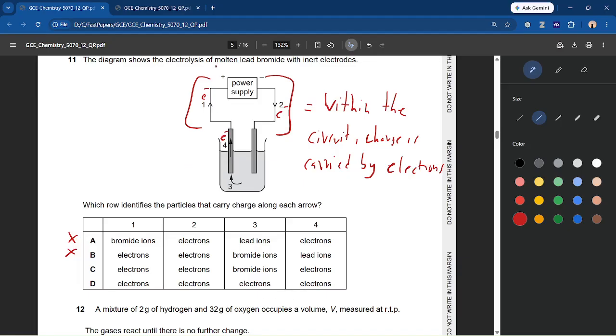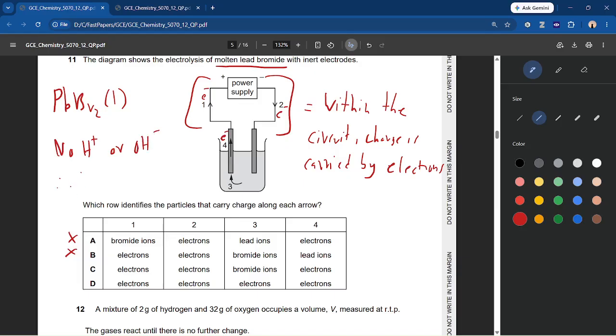Now, over here it says molten lead bromide. So whenever anything is molten, that means it's going to be PbBr2 liquid. So because it's liquid, there are no hydrogen ions or hydroxide ions, so no H+ or OH-.